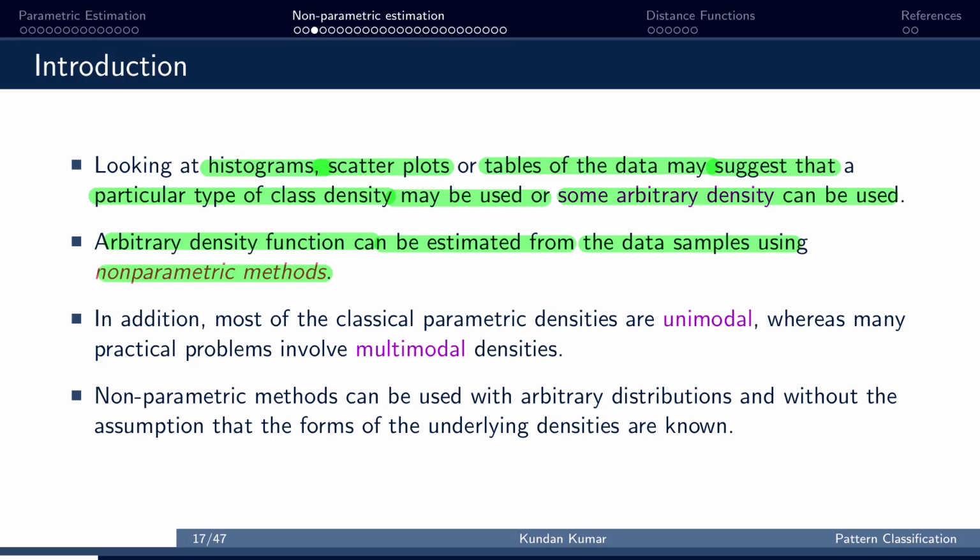However, most classical parametric densities are unimodal, whereas many practical problems involve multimodal.